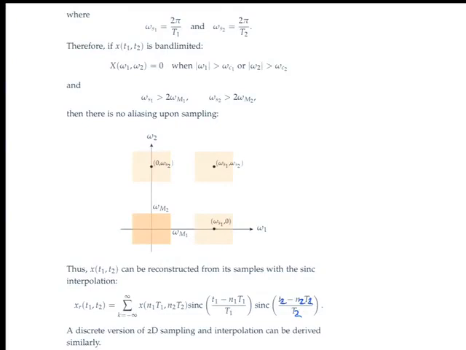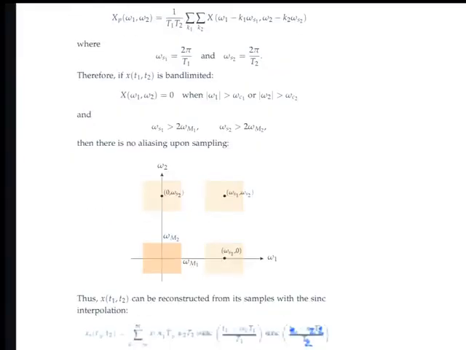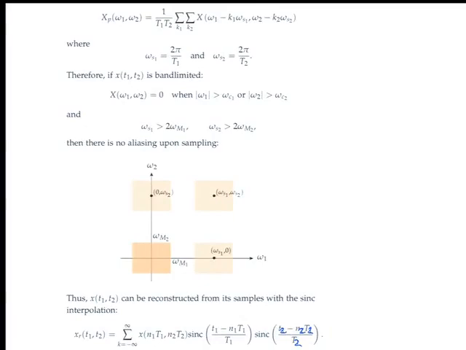I'm going to have to make sure that this XP, the Fourier transform, which consists of shifted copies, do not have overlaps. All right? So the copies are shown here. This is a view from the top in this picture, right?